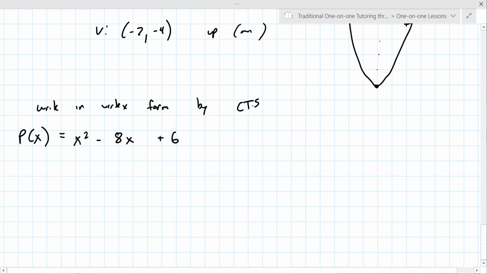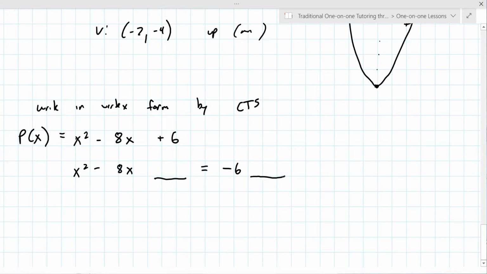CTS, completing the square. So I mentioned you actually want to move this to the other side first. And the number that you put here ends up going over here also. So see if you can carry this out on your own. I think you can, but give yourself at least a minute to work through that. Okay. And see if you can come up with an answer for me.